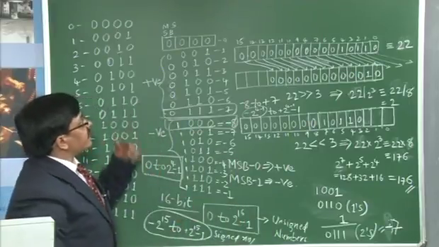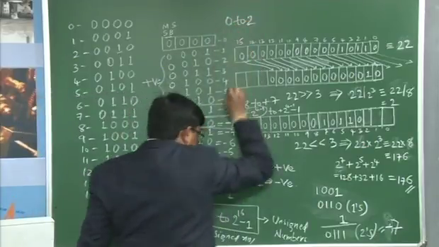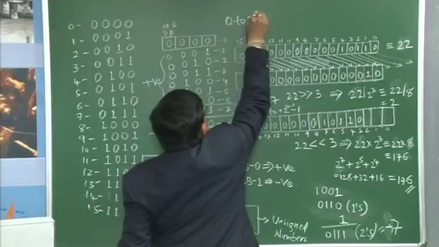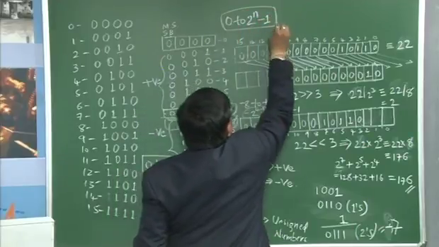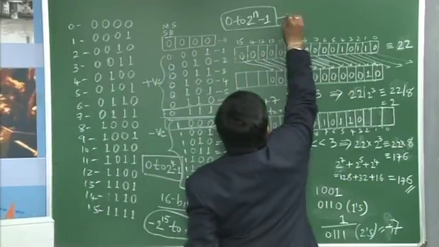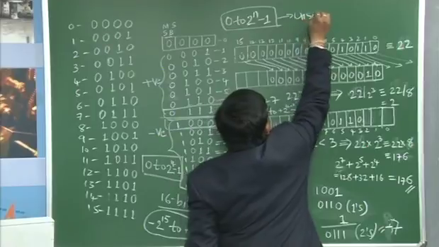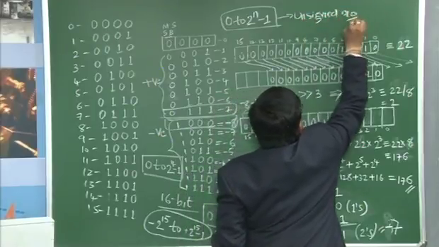This is the range. In general, what we can write is 0 to 2 power n minus 1 is the range of the positive values, that is for unsigned numbers.